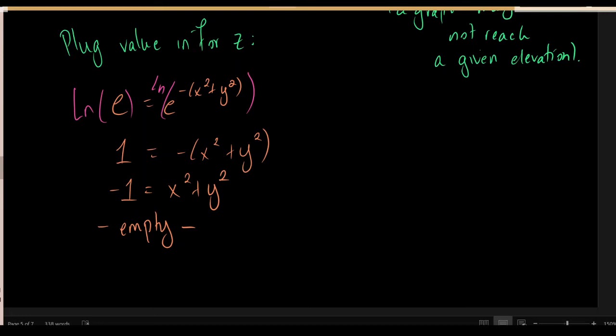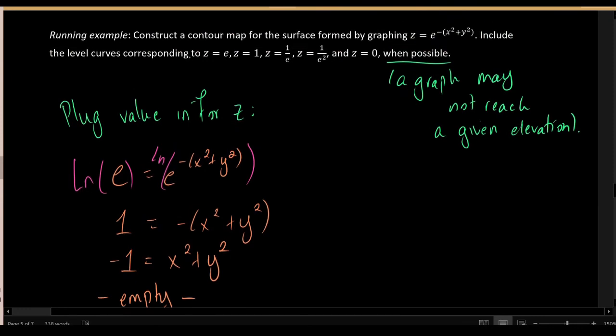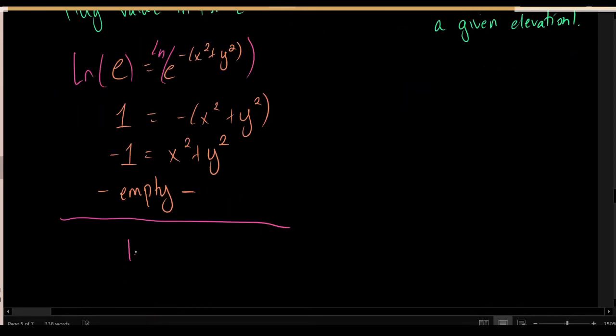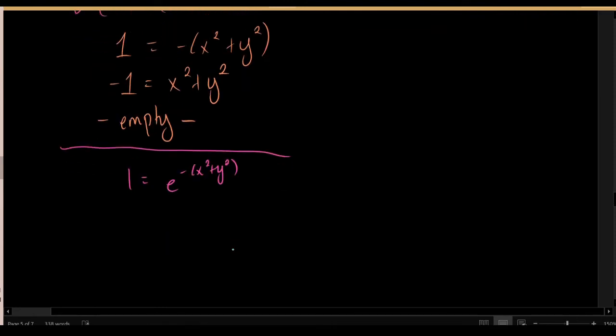So having concluded that the first given level is not reached, that level curve is empty, let's work on z equals 1. Okay, now an exponential function can only produce the number 1 when the exponent itself is equal to 0.